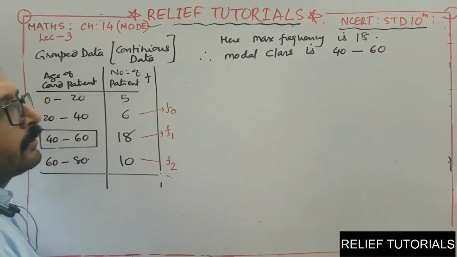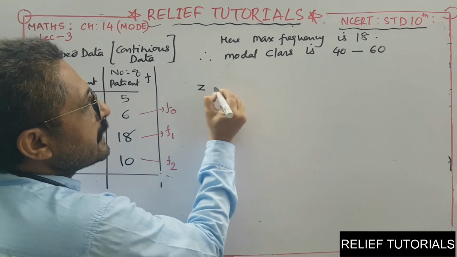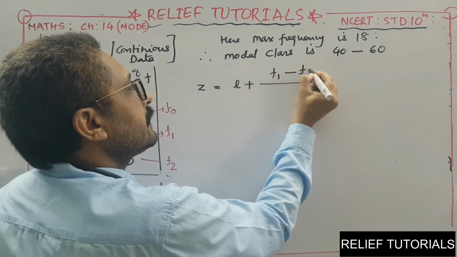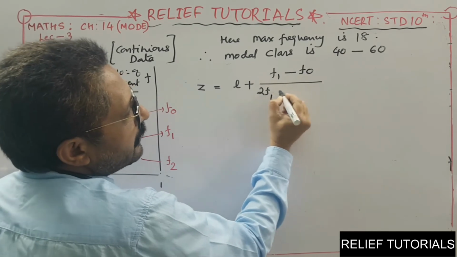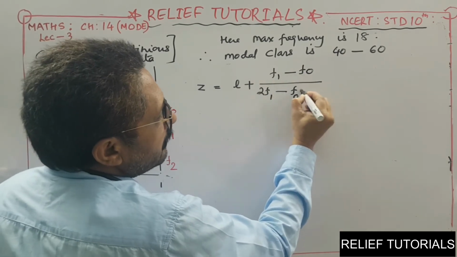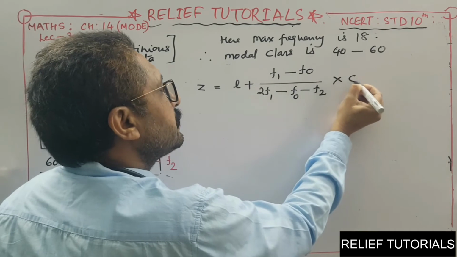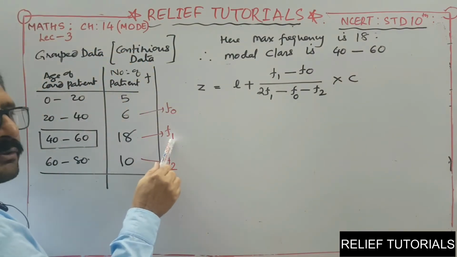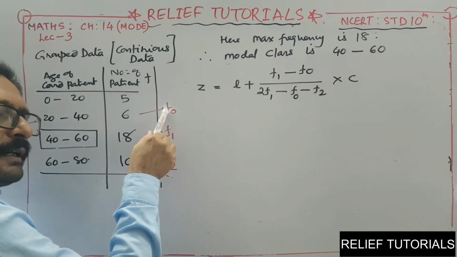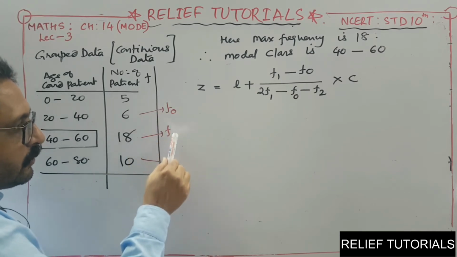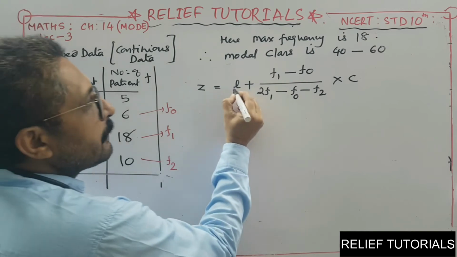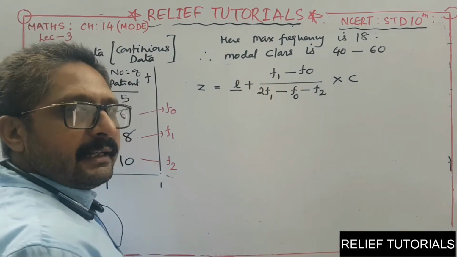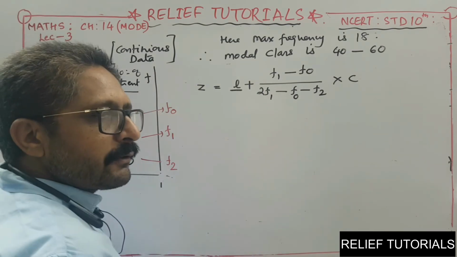Now you know the formula to find the mode: Z is equal to L plus (F1 minus F0) divided by (2F1 minus F0 minus F2), into C. First the frequency of the model class is F1, then F0 and F2, so 0, 1, 2. Particularly be careful when you write this L. L is the lower boundary point of the model class.